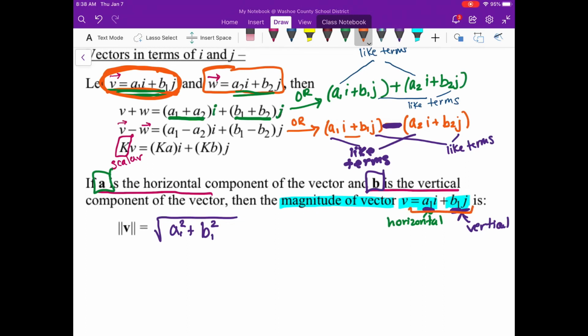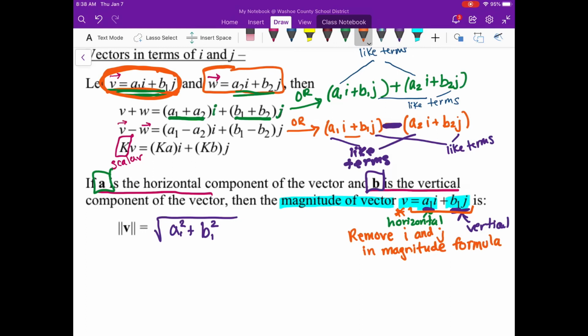Something important to note: when the vector looks like this, make yourself a little side note here. We are going to remove the i and the j in the magnitude formula. So we are not including the i and the j in our formula.